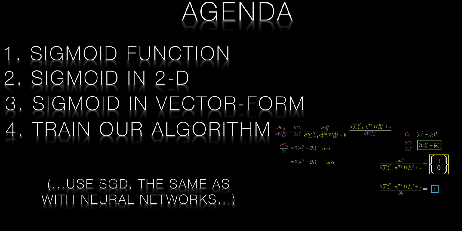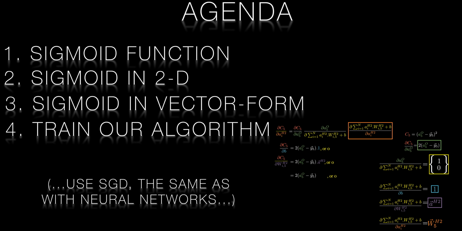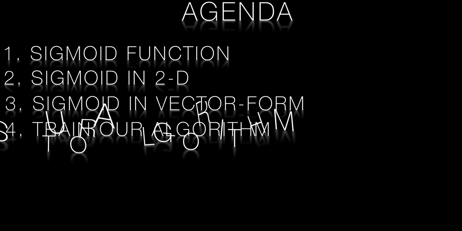In fact, the use of SGD for logistic regression is a little simpler than for neural networks, as we don't concern ourselves with things like backpropagation. This makes training a logistic regression solution quicker than a corresponding neural network.